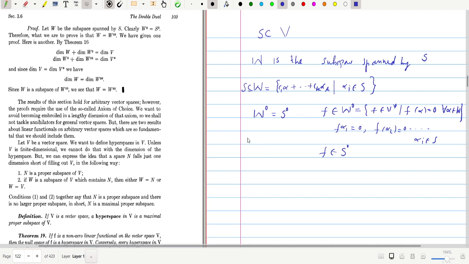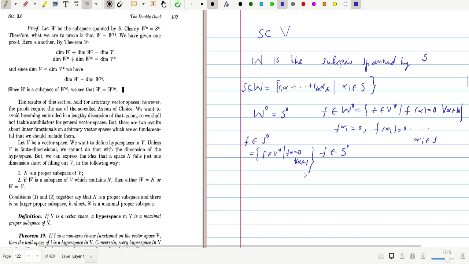On the other hand, if you choose an F from S naught, then what is the importance of this? S naught is the set of all F belongs to V star, such that F of alpha equal to 0 for all alpha belongs to S. Okay, now you consider an arbitrary element of W. Then what is F of C1 alpha 1 plus etc. Ck alpha k?